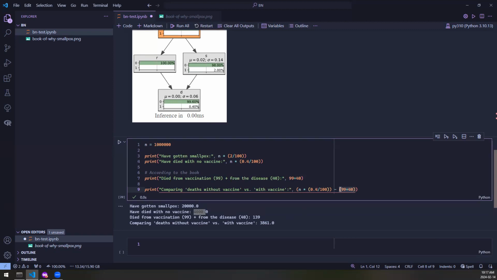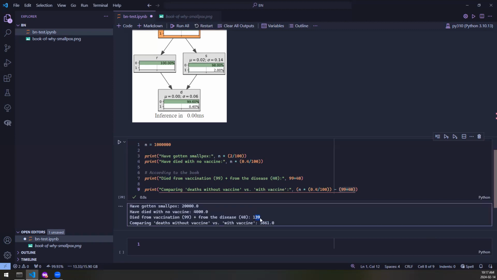This is 139. So that means our last print here shows that without taking the vaccine, a lot more people will die than taking the vaccine. Okay, so again, the difference here is almost 4,000.